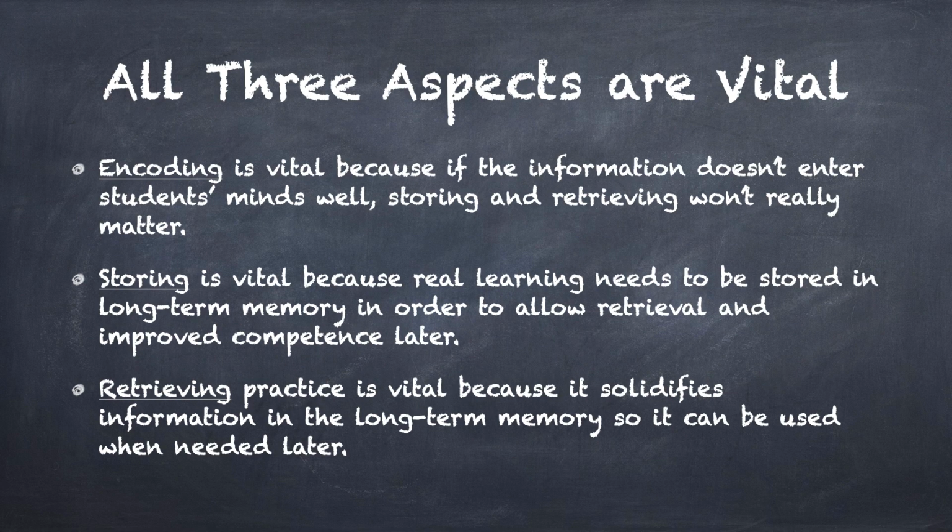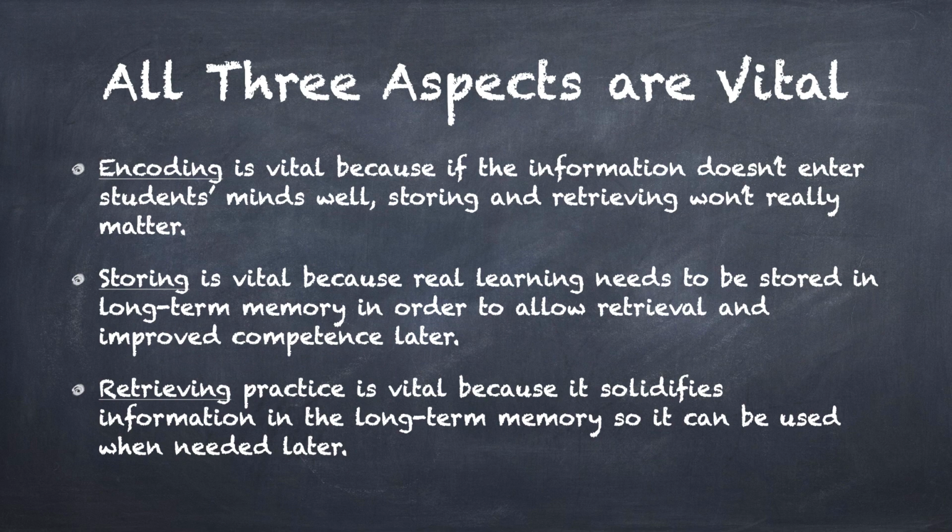So if you think about it, all 3 essential elements are vital to the process. Encoding is vital because if you don't get the information put in there well originally, then there's only so much you can do to store it or recall it, right? If it's not in there well to begin with, storing it and recalling it well isn't really going to get you knowledge.